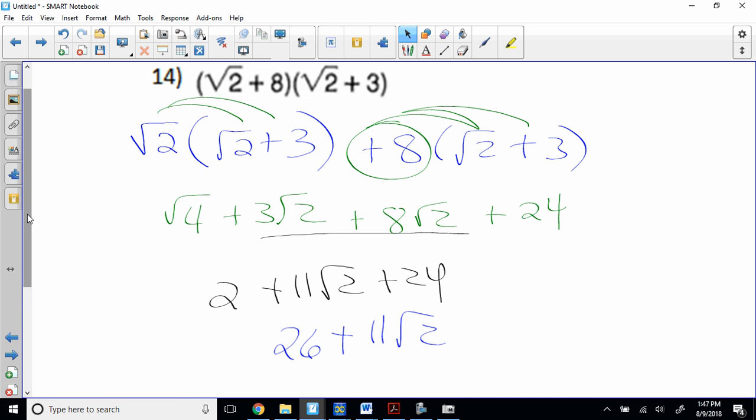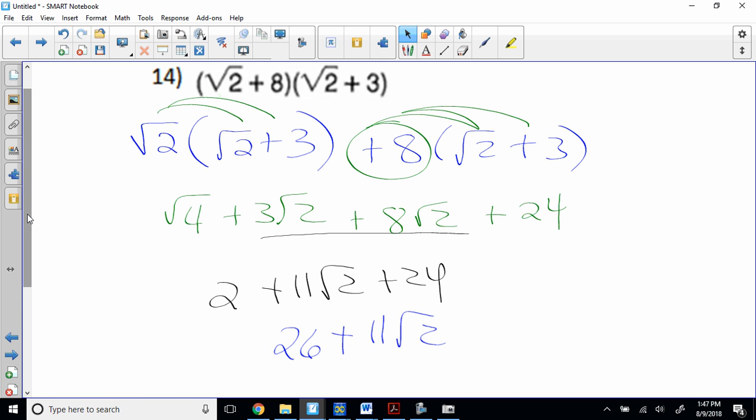Right? Square root of 2 times square root of 2 is square root of 4. Well, when you take the square root of 2 times the 3, because I have an outside and inside, I just join them together. It's no different than taking 2 times x. They become 2x, right? The square root of 2 times the 3 becomes 3 square roots of 2.